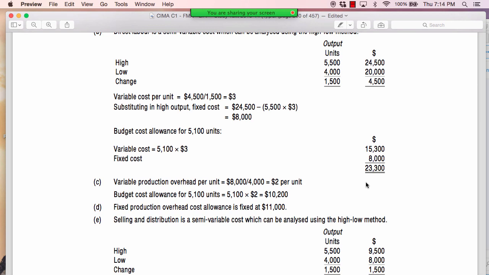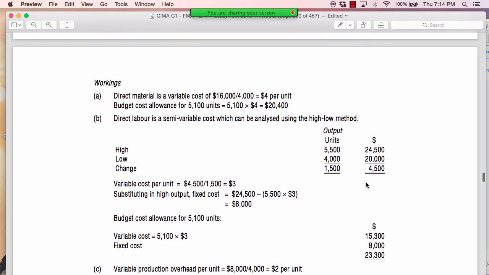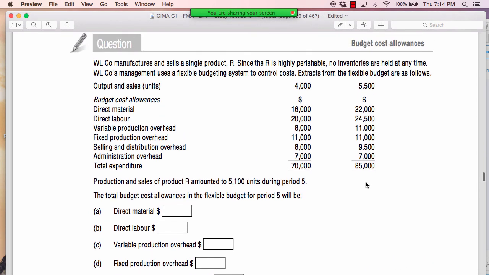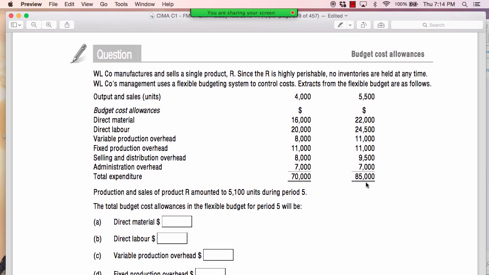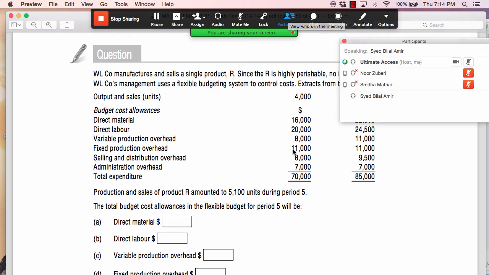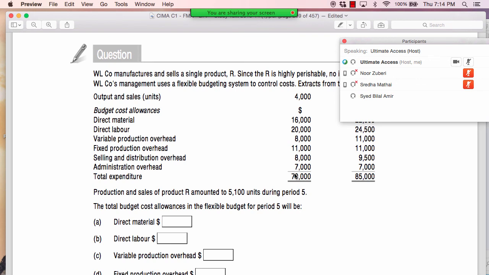Have you guys done flexible budgeting at the uni before? Yes, we have done this. I have done this at least. Okay, Syed has done. Shraddha, have you done it? Yeah. Noor? Yeah. Okay, brilliant. So this is not something brand new for you.